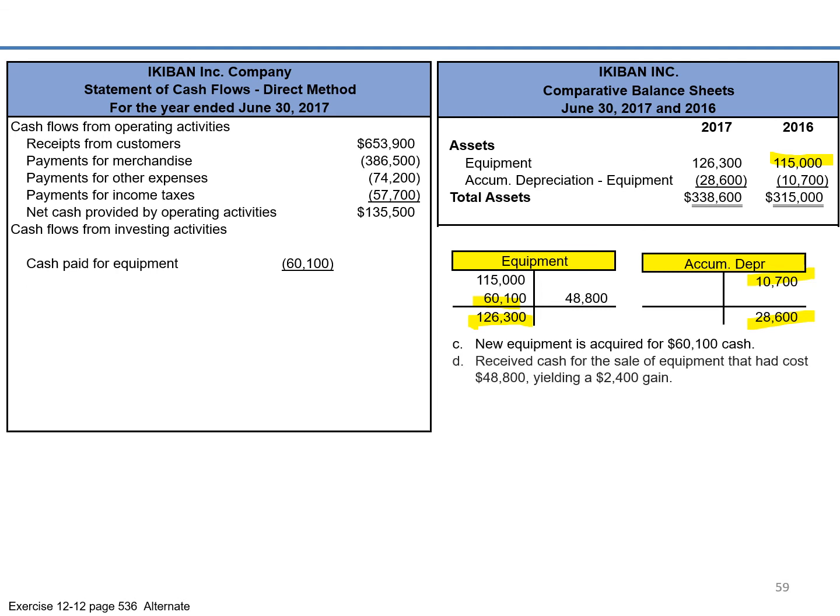Then they tell us in letter D that we received cash for sale of equipment that had a cost of $48,800, so we're going to remove that. And it yielded a gain of $2,400, but we also need to know what the accumulated depreciation was on that. And they tell us that it was $39,900.